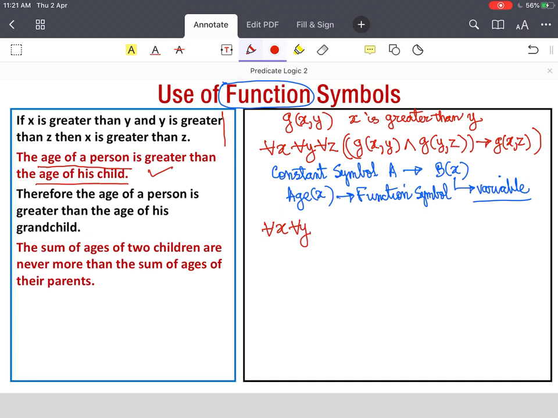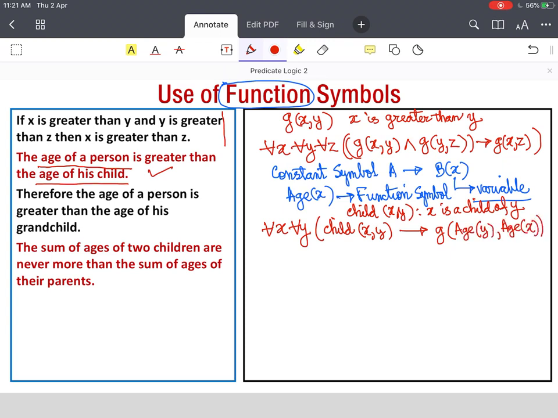And if we have another predicate called child(x, y), to indicate x is a child of y, then we write: for all x, for all y, child(x, y) implies greater than(age(y), age(x)).